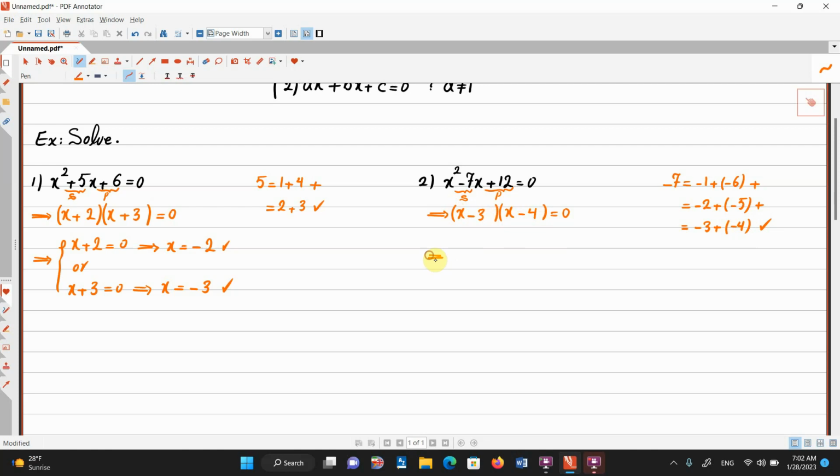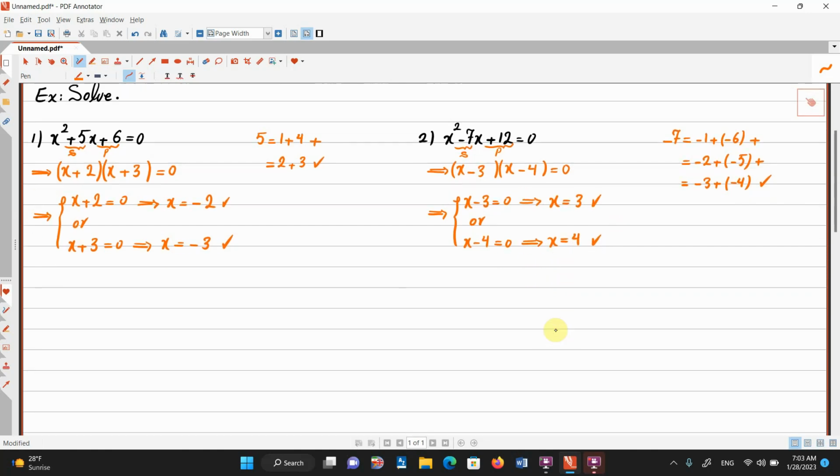Therefore, using zero product property, you can write x minus 3 equals 0, or x minus 4 equals 0. Solving the first equation will result in x equals 3, which is the first solution. And solving the second equation will result in x equals 4, which is the second solution.